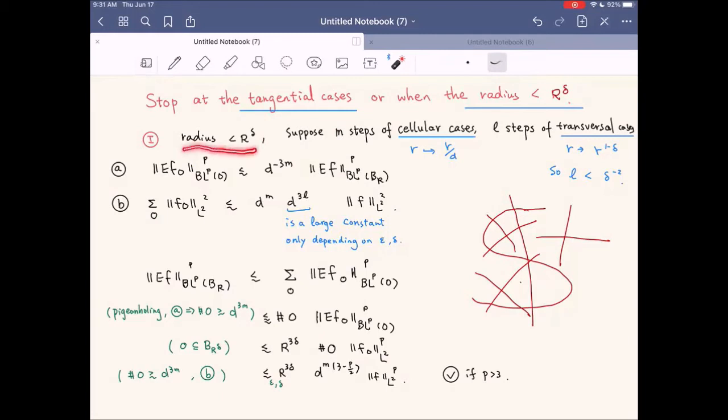So when the radius is smaller than R to the delta, suppose that we have done m steps of cellular cases and l steps of transversal cases. The number of steps is not given by us, it's given by the function, so we don't have control of them. All we know is that the radius is smaller than R to the delta.